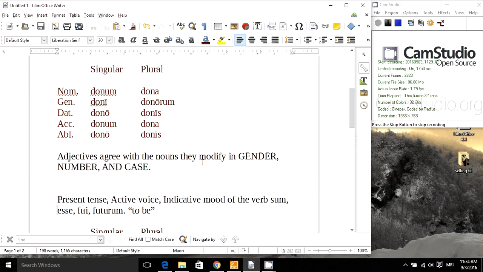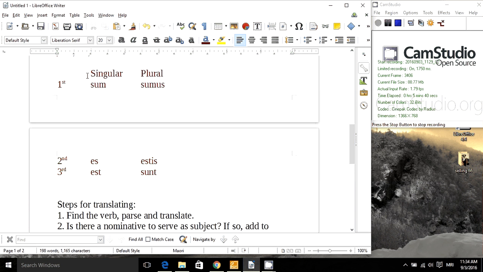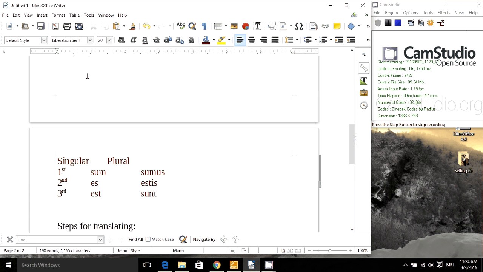Now on page 34, we have some new verb forms for the verb to be. So here they are. Let's put them all on the same page. They are sum, es, est, summus, estis, sunt.